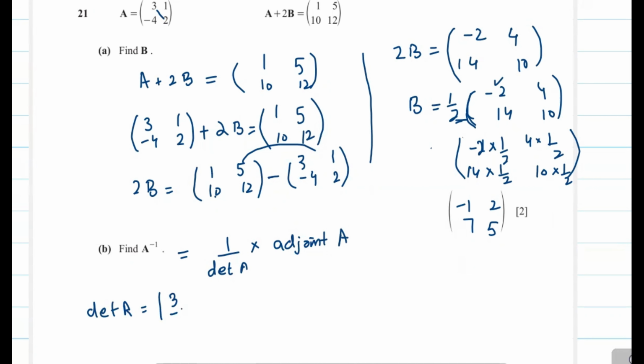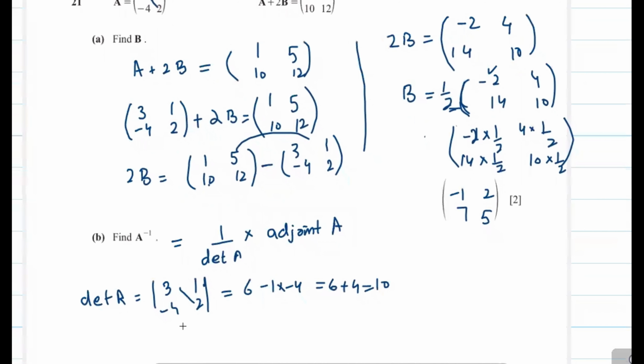You can take [3 -4; 1 2]. The value will be equal to 3 times 2 is 6. Minus 1 times minus 4. The answer is 6 plus 4, that is equal to 10.